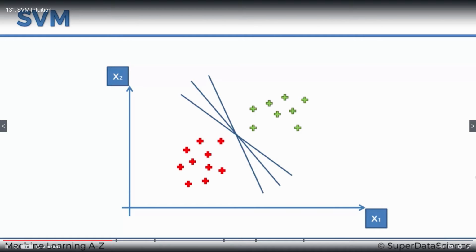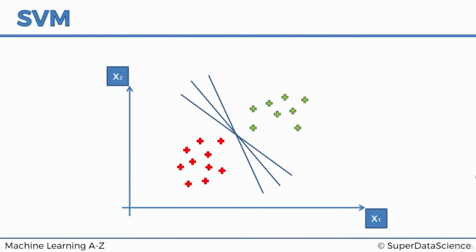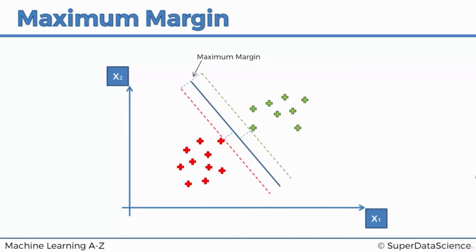So let's find out how the SVM actually searches for this line. Well, the line is searched through the maximum margin. Here you can see a line, and this is the line an SVM would draw. It's the line that separates these two classes of points, and at the same time it has the maximum margin, which means this distance.